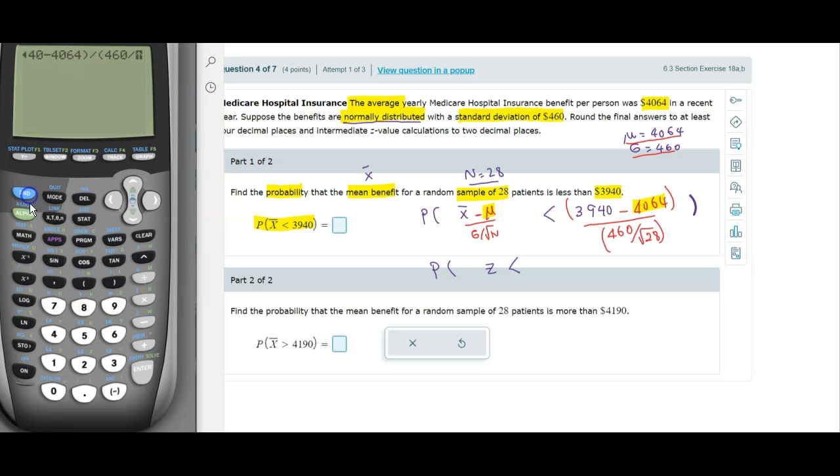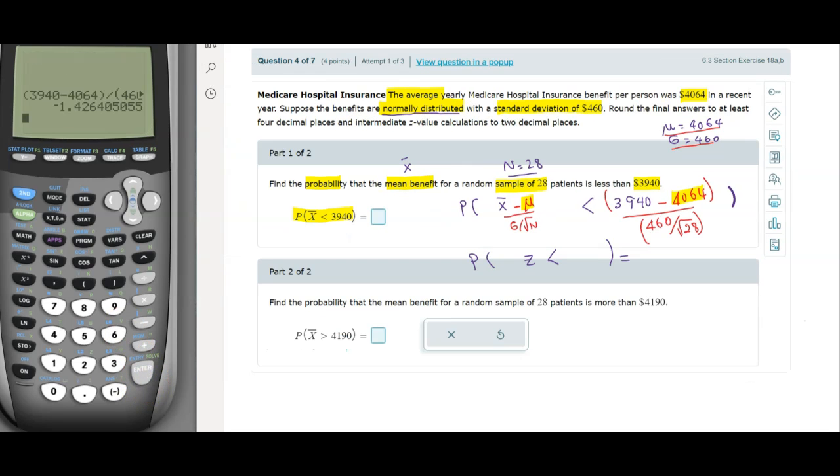Square root is second here, and x squared, that's square root, and 28. So I can go out from here with the arrow, close the parentheses, and enter. So if I round it to 2 decimal places, it's going to be minus 1.43.